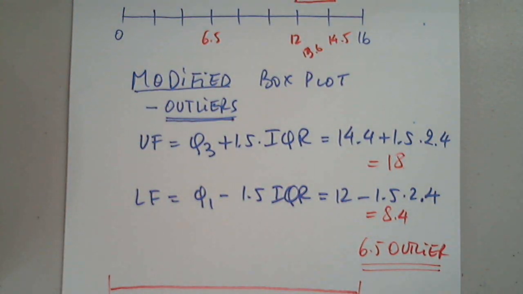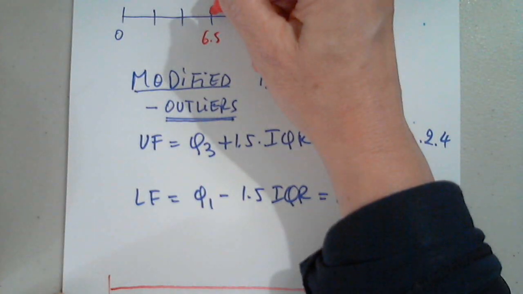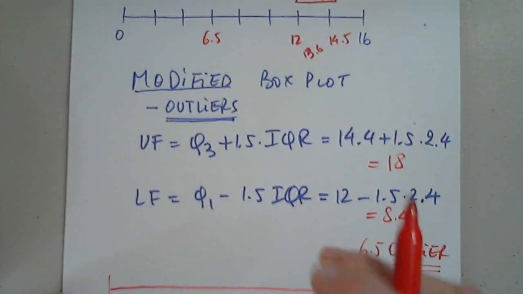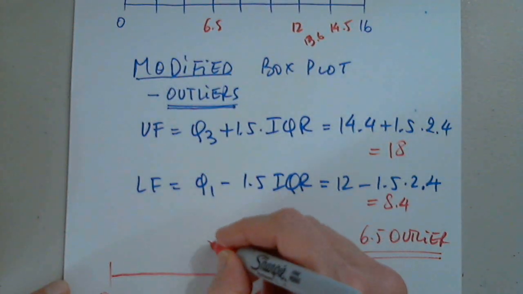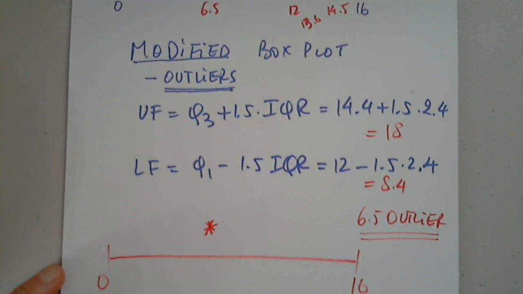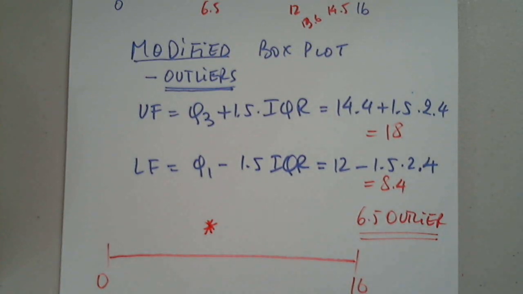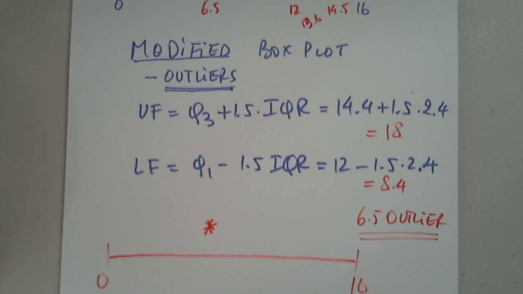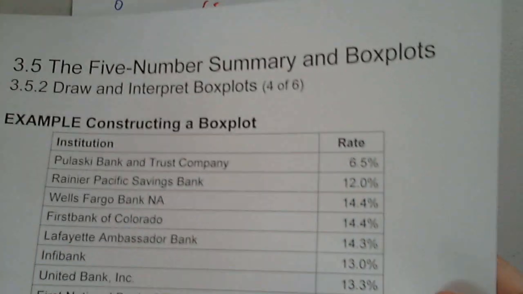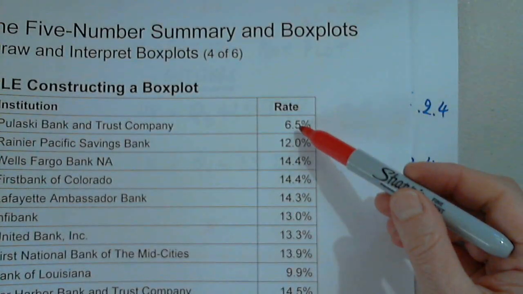What was my minimum? Yes, 6.5. Perfect. So this one becomes a star. And now the next observation becomes the minimum. So we have to go and look at the data set. 6.5 is the smallest.